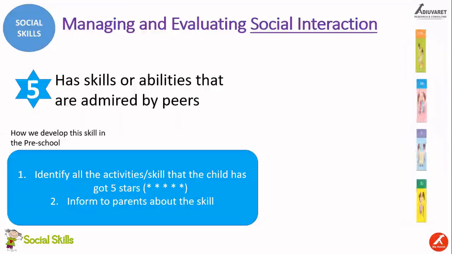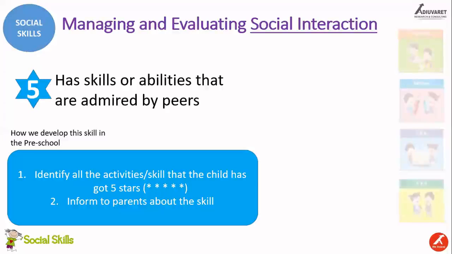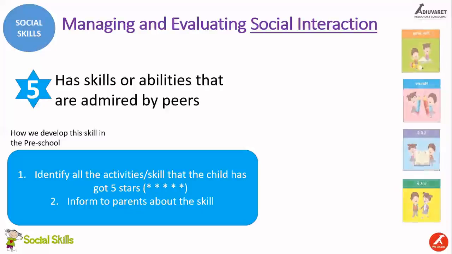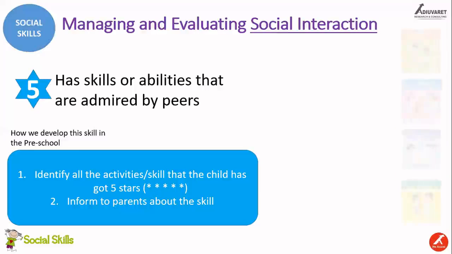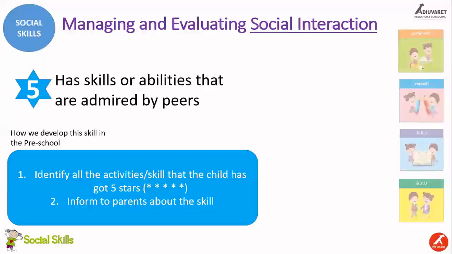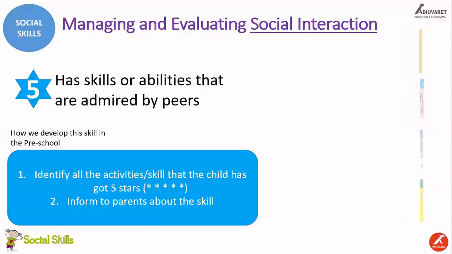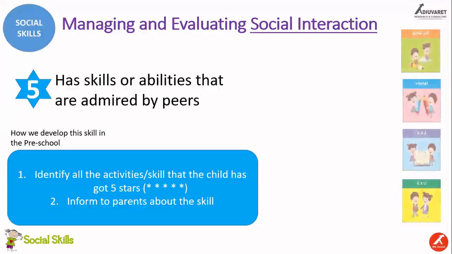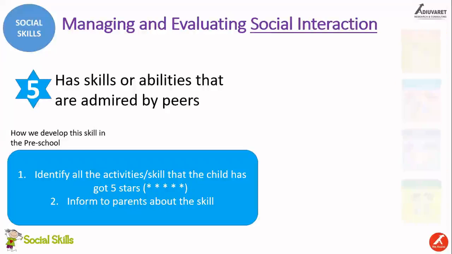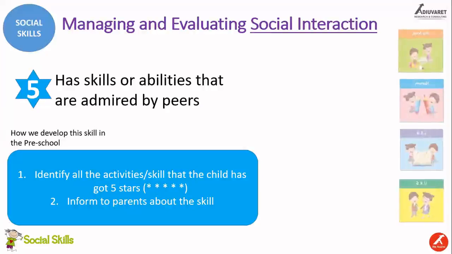Or if the child has shown some good skill or good social interaction, then the teacher can give a star, putting it on the attire of the child. Then the child knows that I am being praised for this particular skill, and the child's behavior will move more toward that kind of behavior.